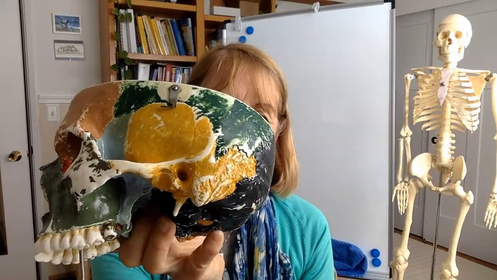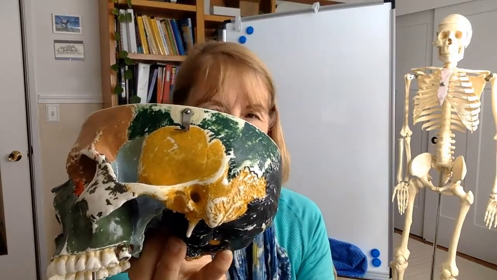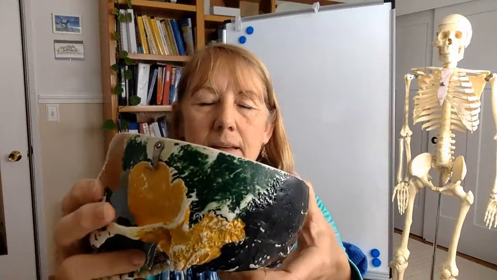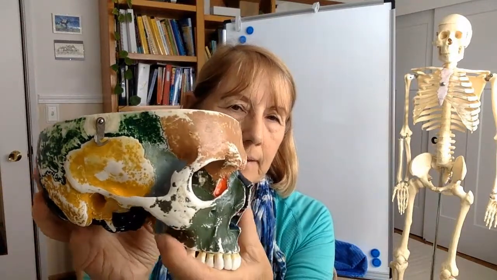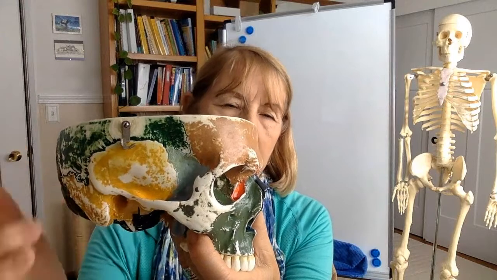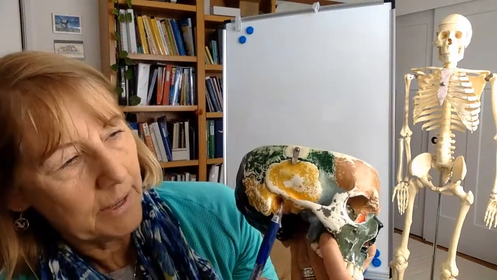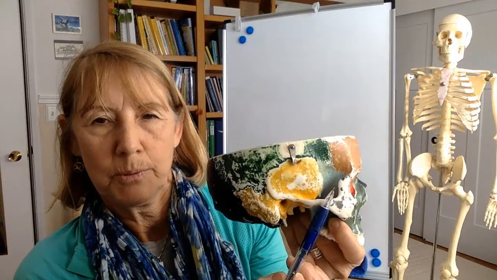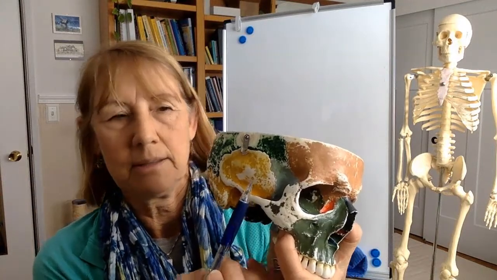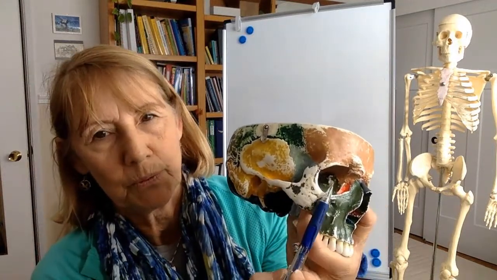Okay, good. The next structure is the zygomatic process. So now we're going to look in a different place. We're still on the yellow bone, remember? It's going to have a branch that comes out of the yellow bone, reaching yet a different bone here.